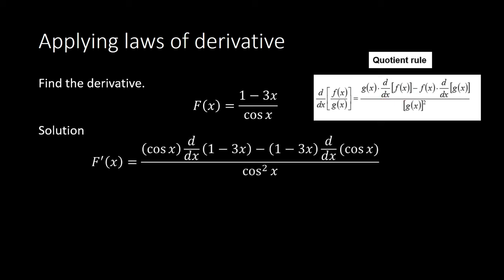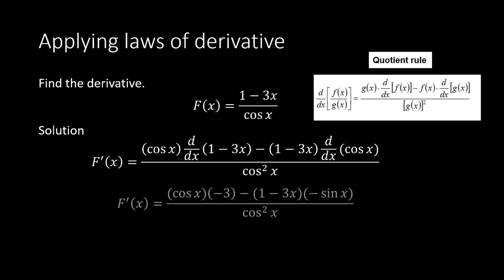This is just direct substitution of your mnemonic. Low, cosine of x, times d high, d over dx of 1 minus 3 times x, minus high, the function in your numerator, which is 1 minus 3x, times d low, d over dx of cosine of x, all over the square of cosine of x.